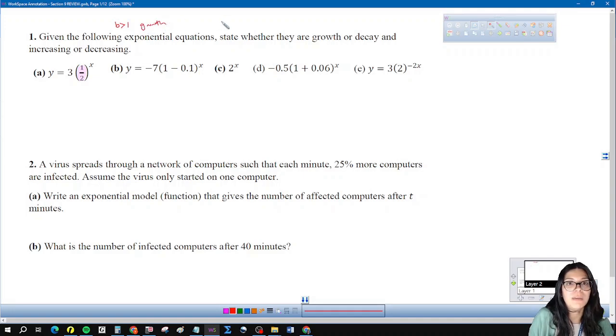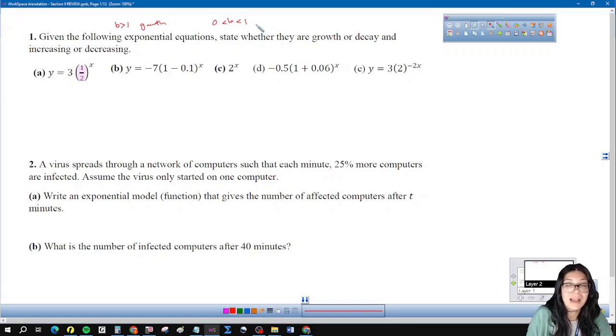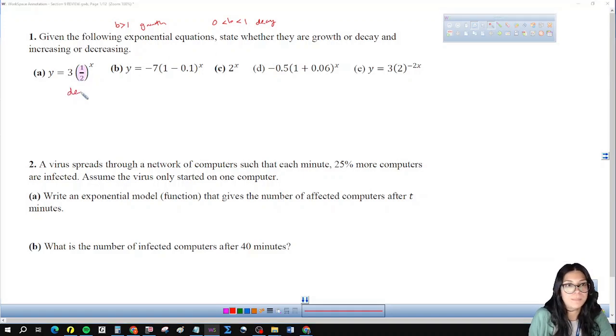But if the b value is a number that's less than 1, remember, not necessarily if it's negative, but that it's less than 1 as a positive, because the negative would mean that it's a reflection, then that is decay. So in this case, 1/2 is a number less than 1, so this is decay.